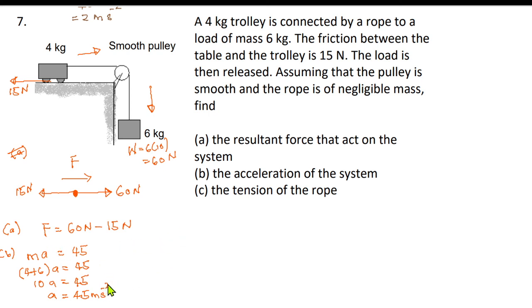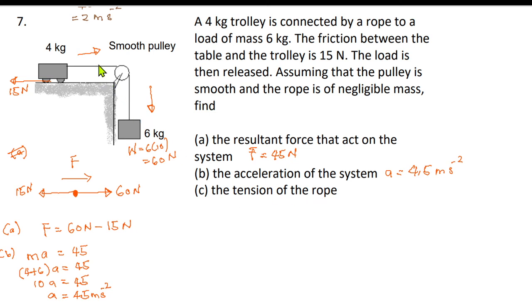Sorry for the math. So the resultant force F equals 45 Newton, acceleration A equals 4.5 meter per second squared. Now find the tension of the rope.